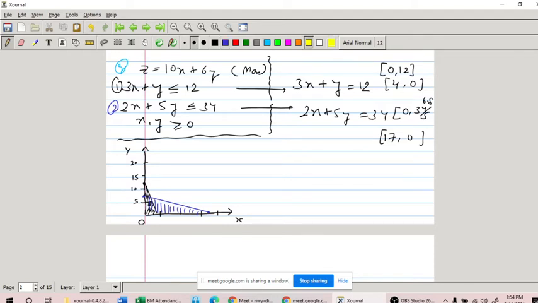So we say that the common area which is getting under both of these two lines is this one. So now the job is to get the corner points. This corner point we have at the intersection. You may get it by simply drawing it on the graph if your graph is precise, and secondly, you can also get it, and I'll recommend you get this value by solving these two equations.